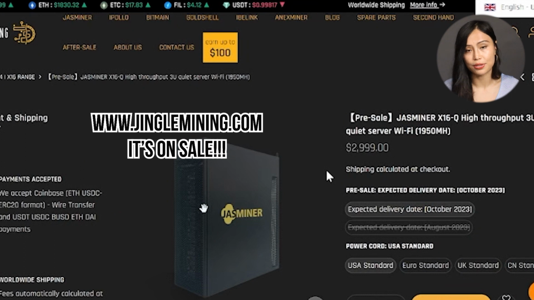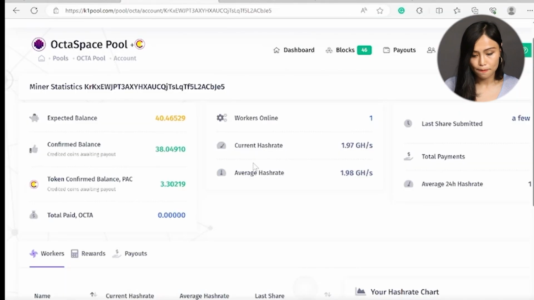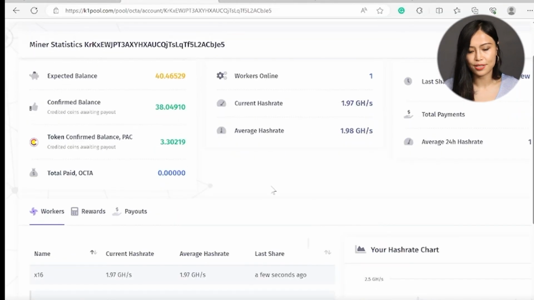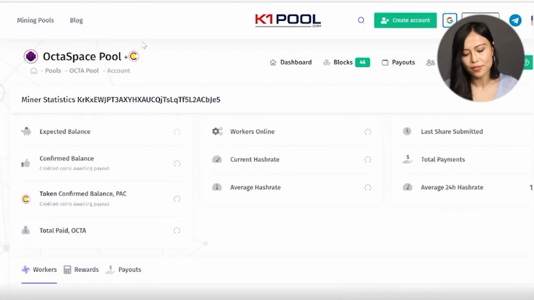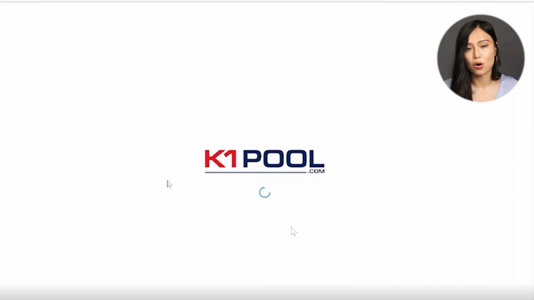Right now it's really on sale, $250 less compared with the last batch. As you can see, the current hash rate is approaching 2000 megahash per second, and the average is very stable. This is just for 4 hours of mining ETC only.